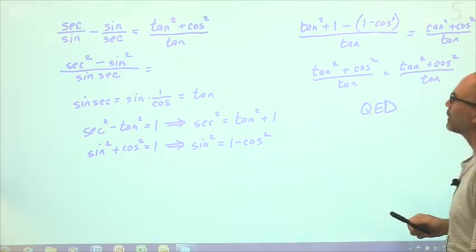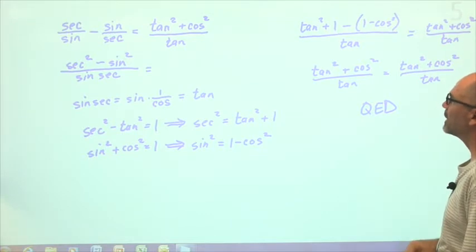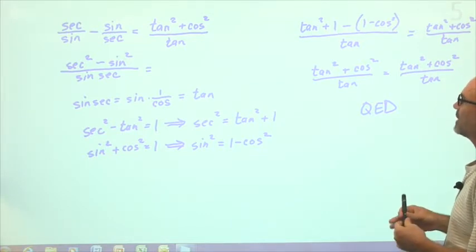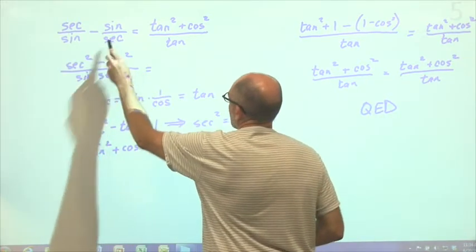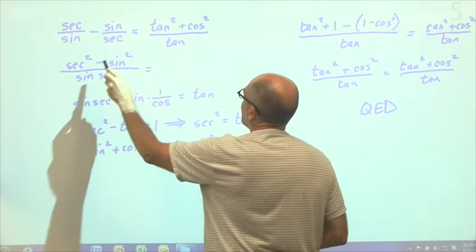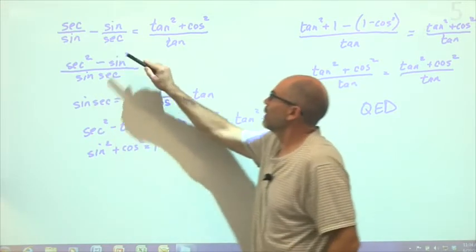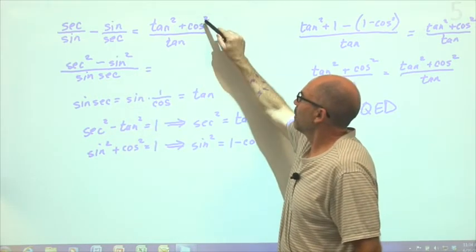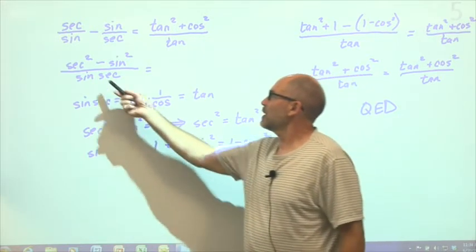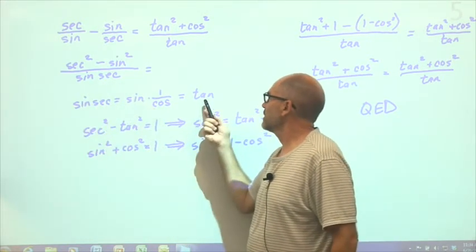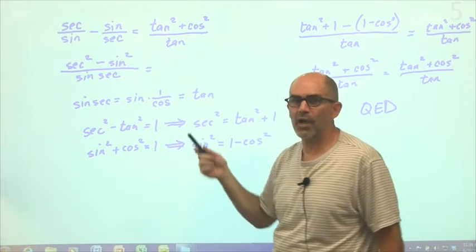Okay, so basically, notice what we did was we got the common denominators up here, and that gave us squared functions, and that's what we have up here is squared functions. And so the denominator sine secant turned out to be tangent, which matches the right.